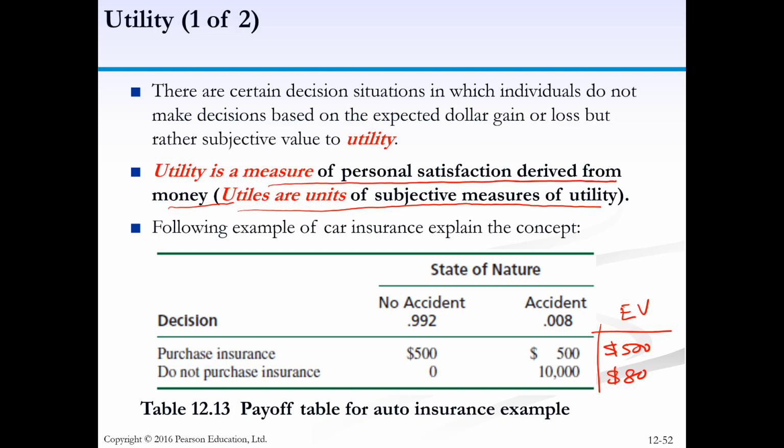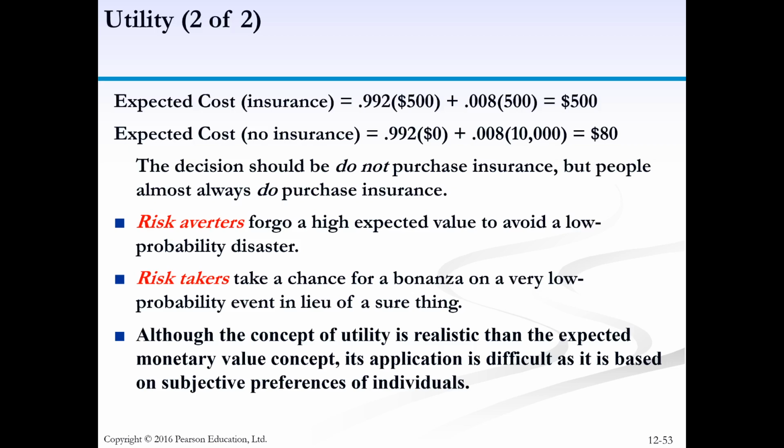Here in Oman, of course, you have mandatory third party insurance. But let's say if you are traveling abroad and there is an opportunity not to buy insurance, still we will buy the insurance. So we are trying to avoid the risk.